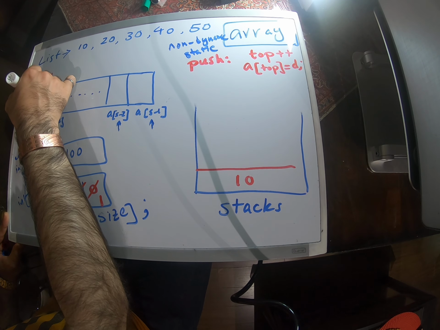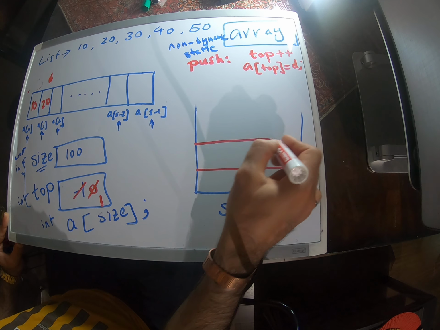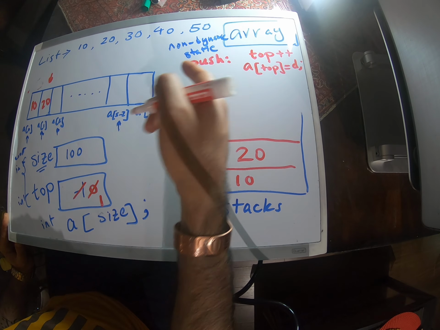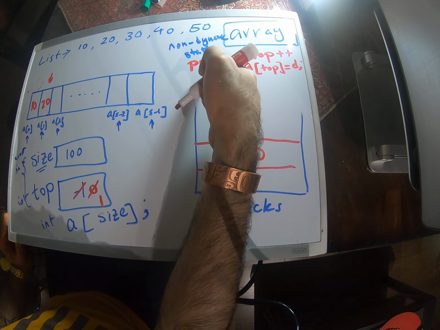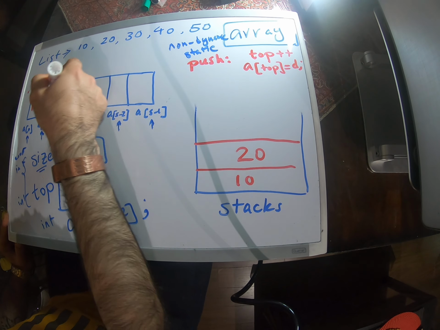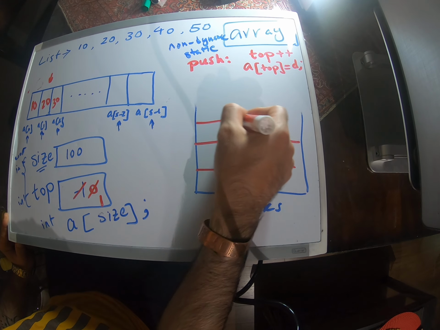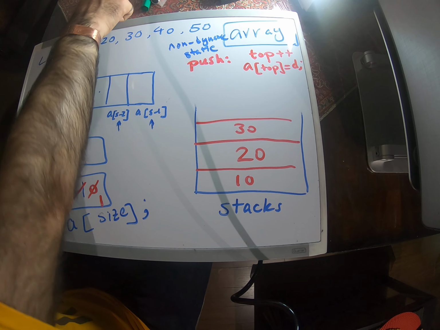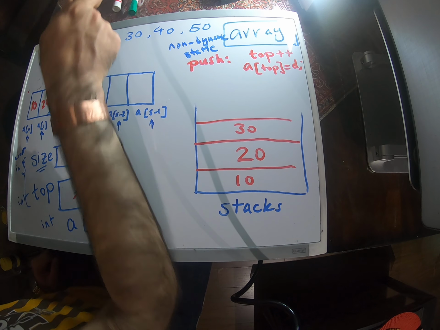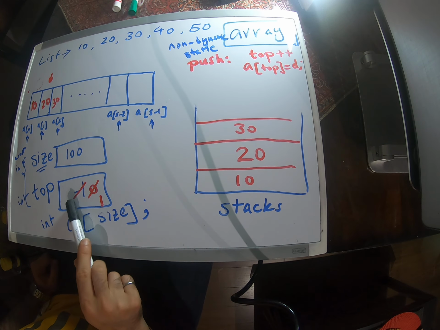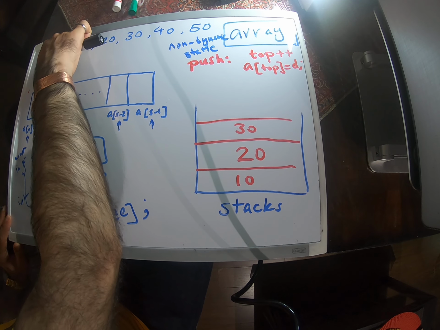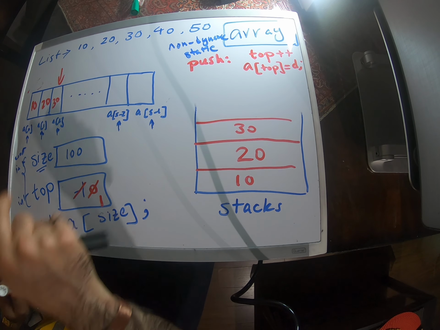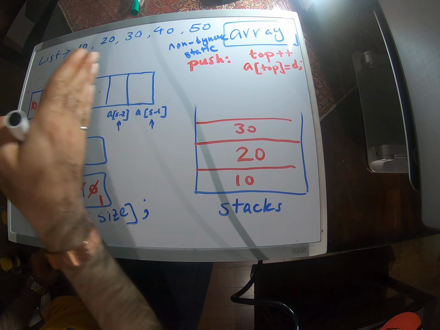So this is going to be 20, which means we have placed 20 here, and so on. If you call the push function again and again, you can have 30, 40, 50, and so on. So this is how we implement push using the top variable, and the top of the stack moves from left to right as we call the push function.